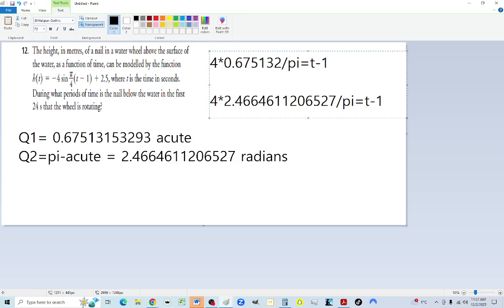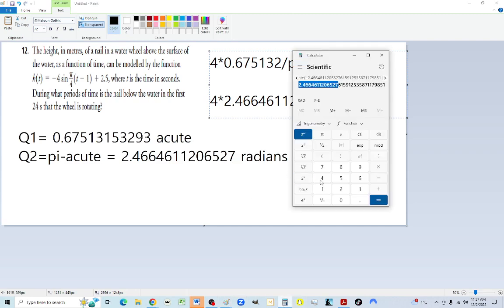And if you want to do the whole thing, you just add 1. And that's what I've got to do. So I'm going to take this, multiply it by 4, divide it by pi, and add 1. This is our second time, remember, because I started with the second quadrant.